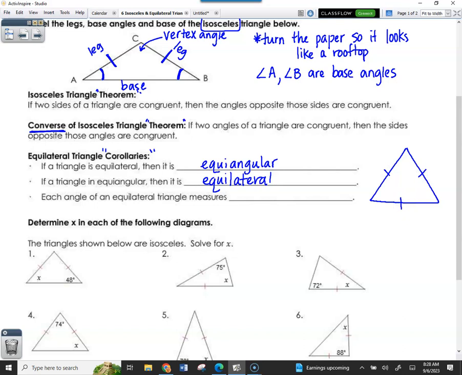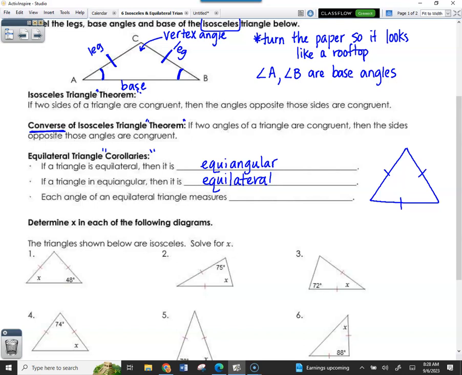If I say, hey, here's an equilateral triangle, do you have enough information to tell me how many degrees are in each angle? Yes. And you might think, well, how? There's not a single number up there. Your clue is the fact that all three sides are equal. If all three sides are equal, then all the angles are equal.